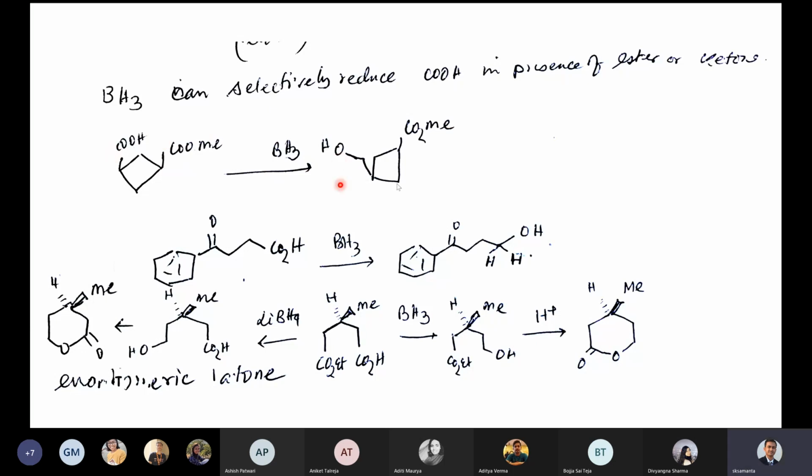Okay, clear. In this case also, in presence of ketone, it can reduce the carboxylic acid group, because you can understand that this O negative has to coordinate with this BH3, and that is why only this one becomes selectively reduced by this BH3 to form CH2OH.